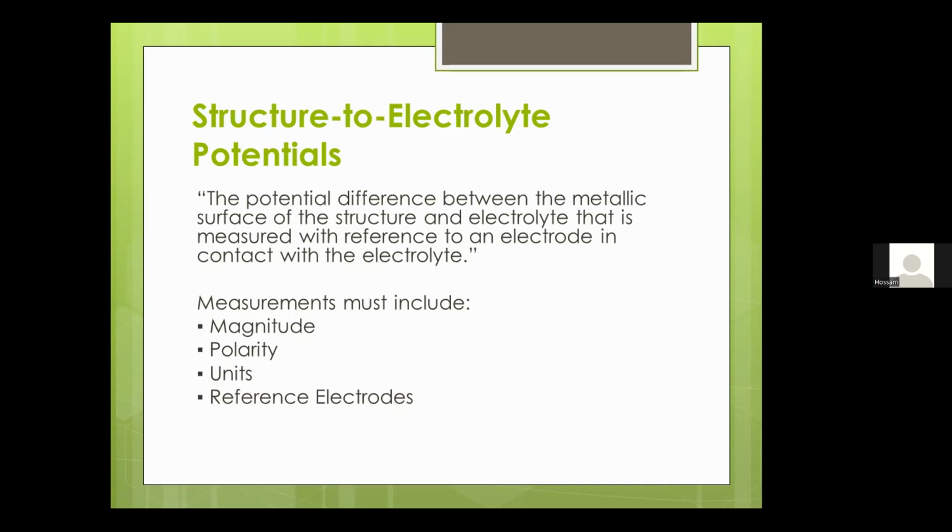The right thing is to document or write the reading as negative 1000 millivolts according to the copper sulfate reference electrode. So I must mention these four components: the magnitude, the polarity, units, and the reference electrode.